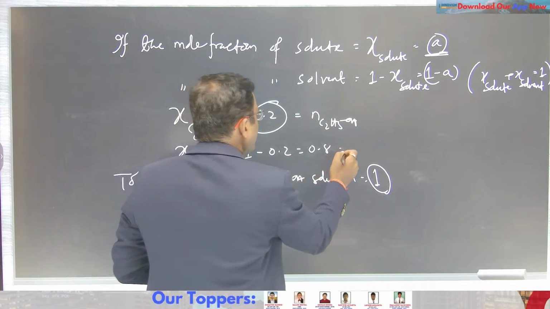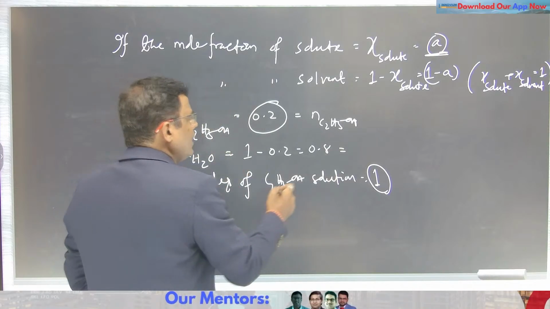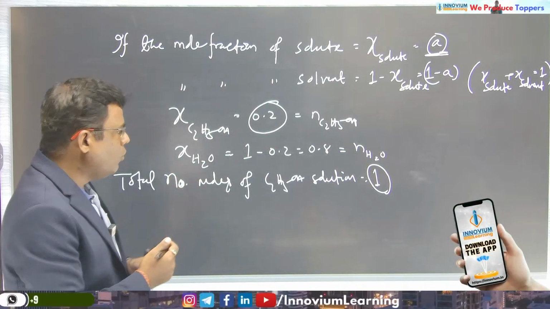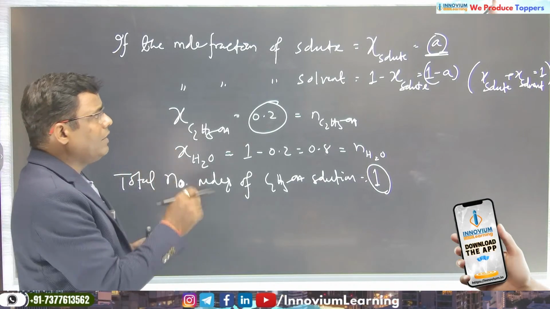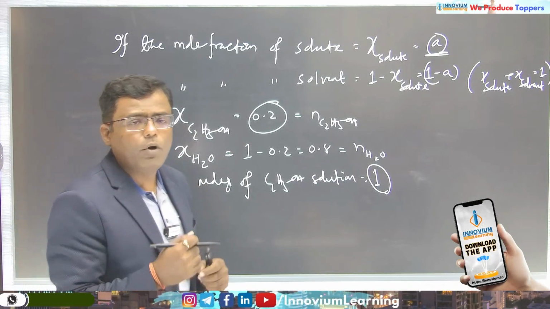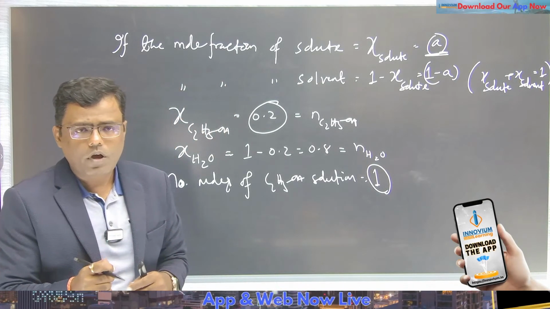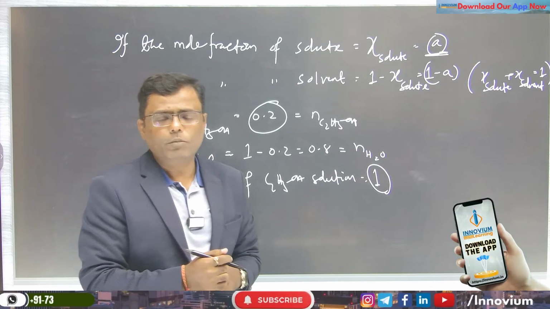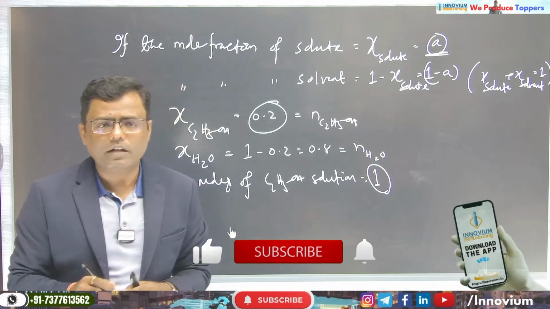Then what is the number of moles of water? That is 0.8. So always the mole fraction data gives us an idea about the number of moles of solute or solvent out of 1 mole of the mixture or solution.